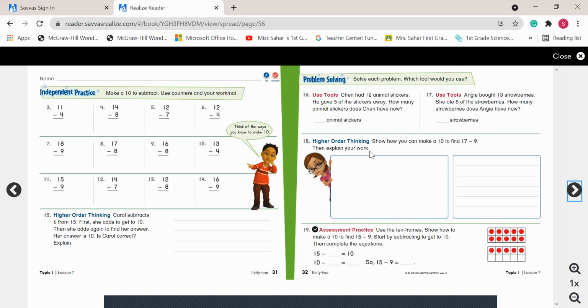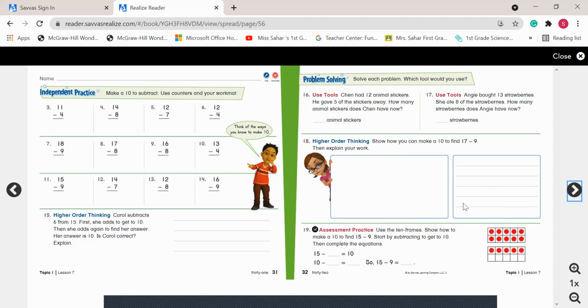Okay, show how you can make a 10 to find 17 take away 9. Then explain your work. So you have two boxes here. In this box you will be drawing the 10 frame, and then you will write your explanation here. So what you're going to do, you're going to start from the 9, add 1 more to get 10. And then now you have 10.